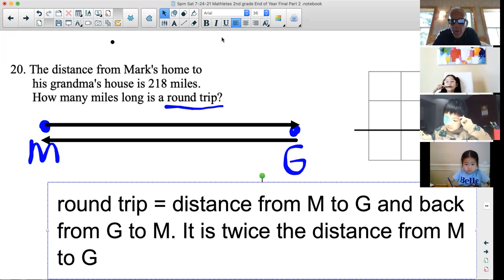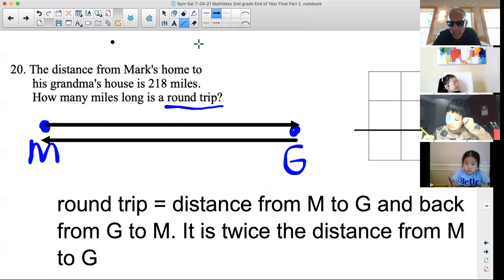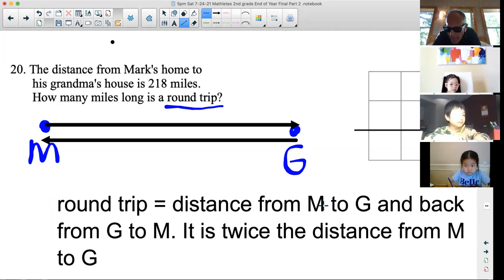A round trip means the distance from M, that's Mark, to Grandma, and back from Grandma to Mark. That is called a round trip. It is twice the distance from Mark to Grandma.